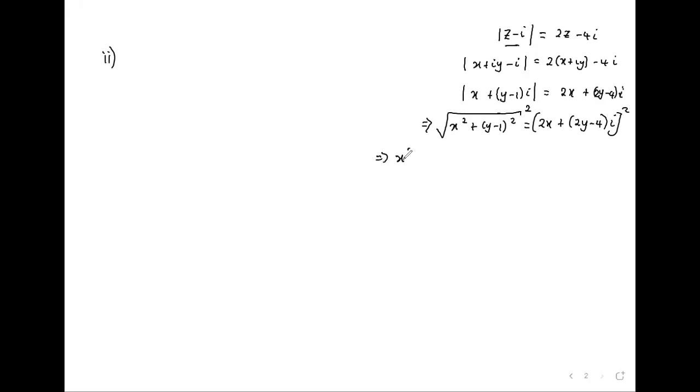This is going to be x squared plus y squared minus 2y plus 1 is equal to 4x squared plus 2x, 2y minus 4i, plus 2y minus 4i by 2x plus 2y minus 4i squared.